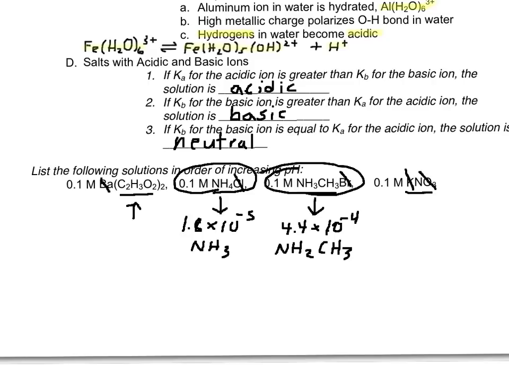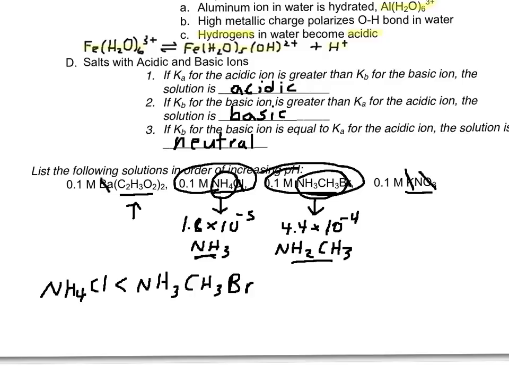If I look up the Kb values for the bases that these conjugate acids come from, I notice that NH3 is the weaker of the two bases. Since it's the weaker of the two bases, that means its conjugate acid, NH4, is going to be the stronger of these two conjugate acids, so it's going to have more of a lowering effect than the NH3CH3 is going to.